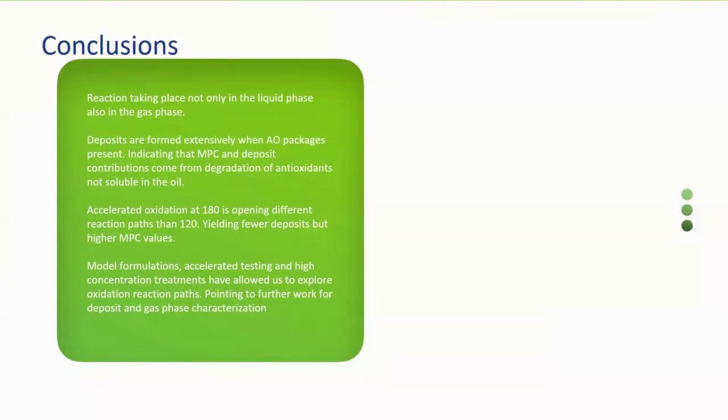Next, we've learned that accelerated oxidation at 180 is opening a different reaction path than what is observed at 120, yielding fewer deposits but higher MPC values. And finally, the model formulations, accelerated testing, and high concentration treatments have allowed us to explore oxidation reaction pathways, pointing to further work for deposit and gas phase characterization.